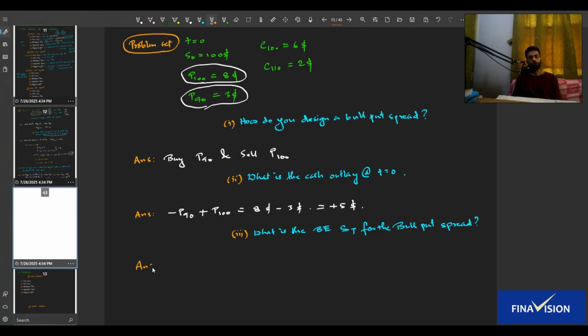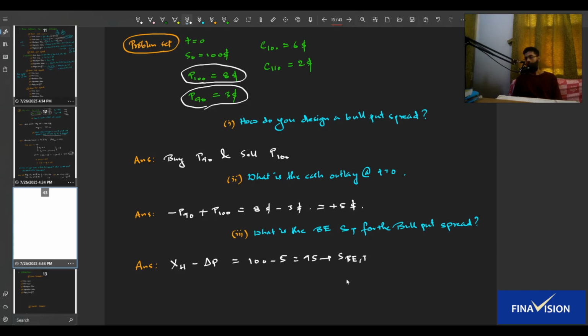So the bull put spread break-even price is equal to the higher strike price minus the difference of the premiums. This is equal to 100 minus 5, or 95. This is the break-even price at expiry.